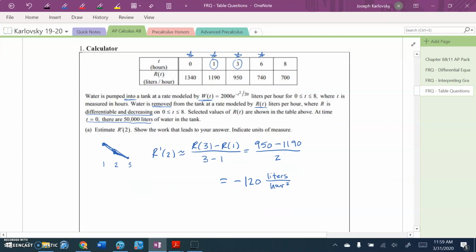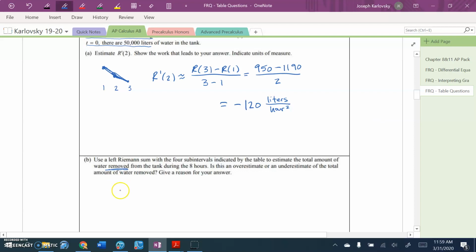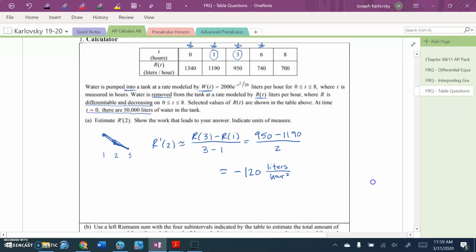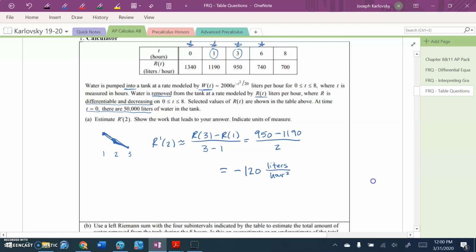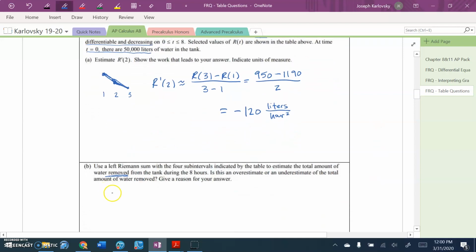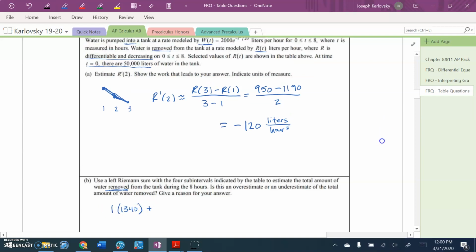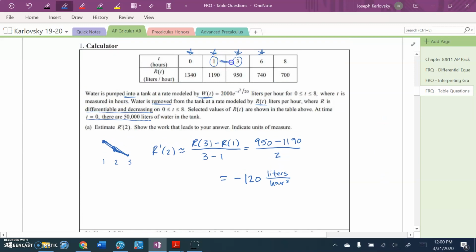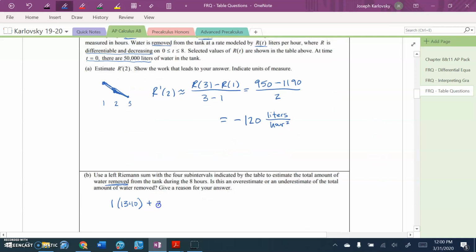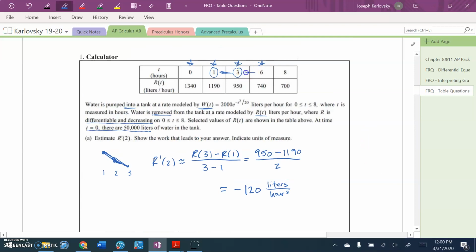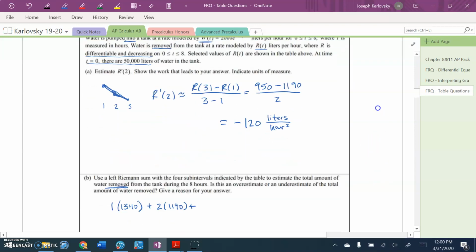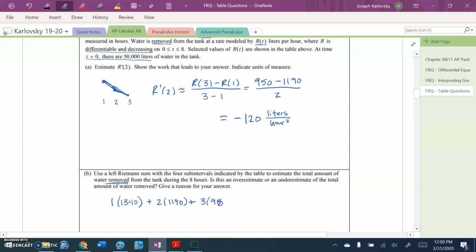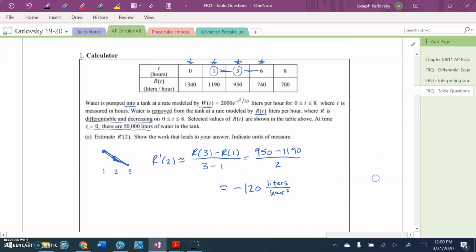For R of 0, we have 1340, so we would have a width of 1 times 1340, plus our second interval, a width of 2 with 1190, plus our third interval, a width of 3 using the 950, plus our fourth interval, a width of 2 and the 740.